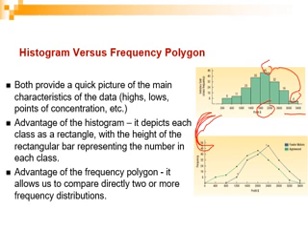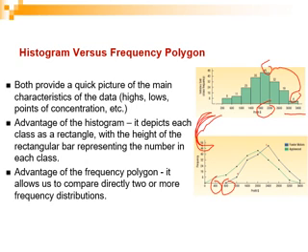This is the quick picture. But in the histogram, the rectangular class bars enable us to present it clearly, so we can use it more easily than the frequency polygon. Also, the frequency polygon uses the midpoints, but the histogram uses the class interval.